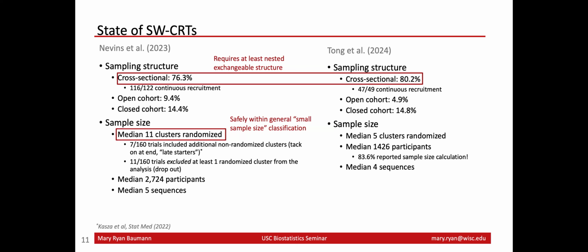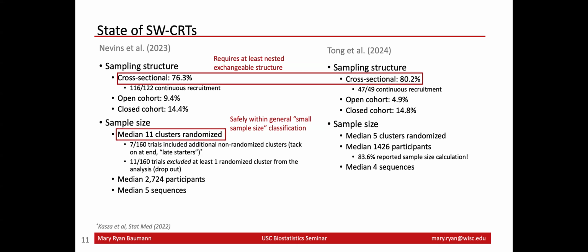In the small sample setting, obviously we had a much smaller number of clusters being randomized, but around the top end of our inclusion spectrum, a median of 5 clusters were randomized there. And just as an aside, among those, we found that about 84% actually reported a sample size calculation to back up that sample size, which I personally found surprising because I assumed that most of these trials were coming up with that number of clusters just because it was what was available to them, not necessarily through an actual sample size calculation.